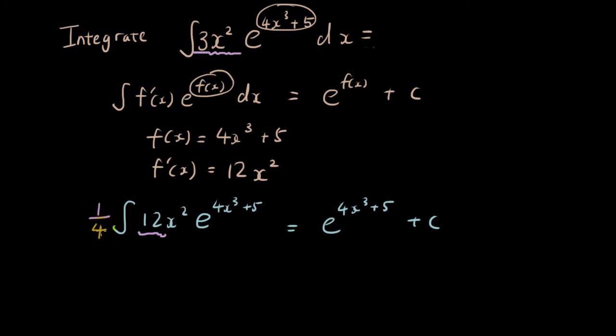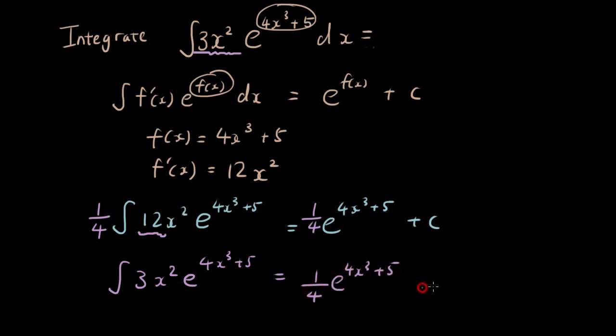Now, if we do this on the left, we need to do it on the right, so let's multiply it by that on the right. So the answer is the integral of 12 divided by 4, which is 3x squared, e to the power of 4x cubed plus 5, is equal to 1 over 4 times e to the power of 4x cubed plus 5 plus c. So again, let's try and check it with GeoGebra.